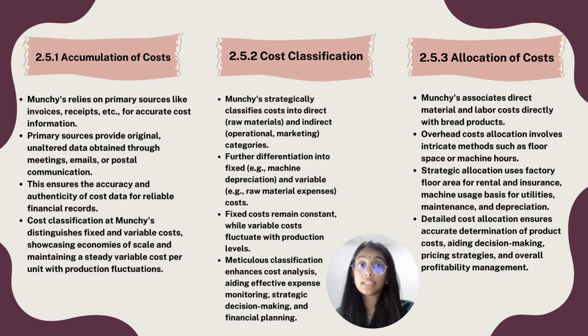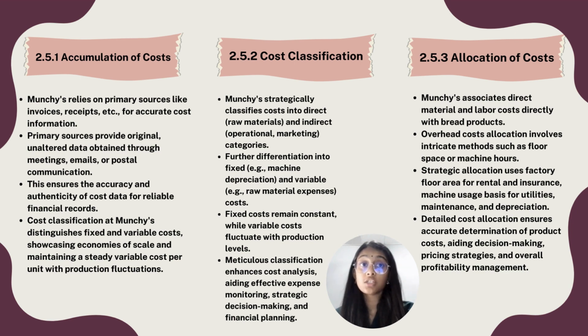The third is allocation of cost, where Munchy's associates direct material and labor directly with a bread product. Overhead cost allocation involves methods such as floor space and machine hours.